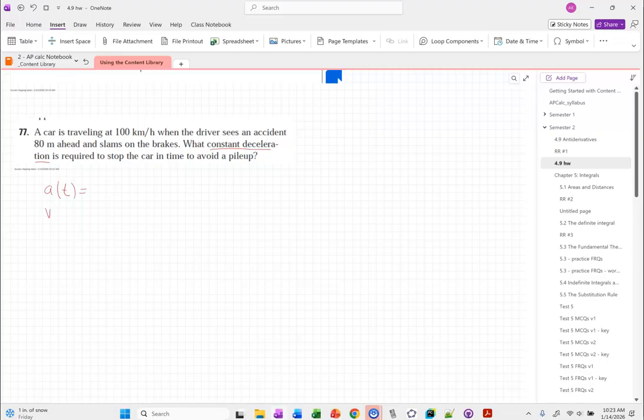We know that V of 0 is 100, because that's the instant when we hit the brake and things start slowing down. And then I need V of t naught to equal 0, and I need that S of 0 is 0, and then S of t naught should equal 80.